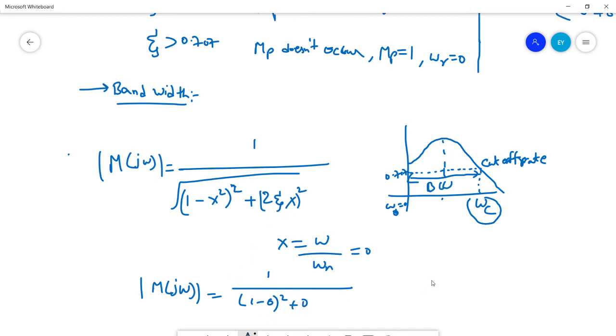So 1 by 1. Therefore, at omega equal to 0, you can see in the plot that this is actually 1. It starts at 1. Why is it starting at 1? Because at omega frequency 0, if you substitute x equal to omega by omega n, where omega is equal to 0, you get magnitude as 1.